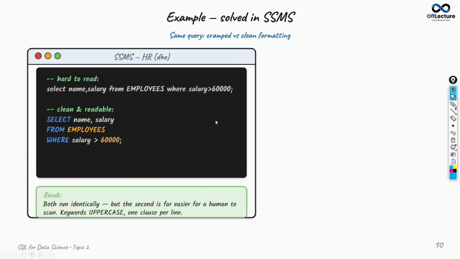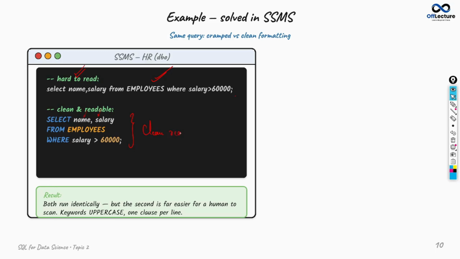So the example is very simple. If you write select name, salary from employees where salary is greater than 60,000 all in one line, this also works and will give you the output, but it is hard to read. And if you write the same statement with every clause on its own line, keeping your commands in uppercase and the names of the columns and fields in lowercase, it will look more clean and readable.